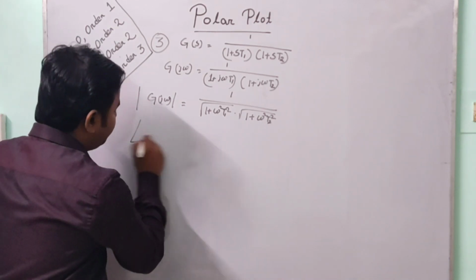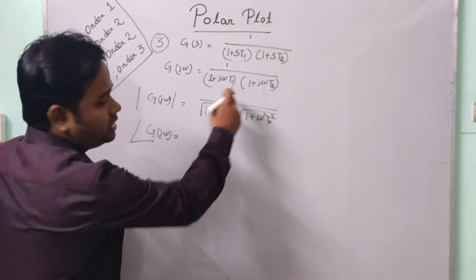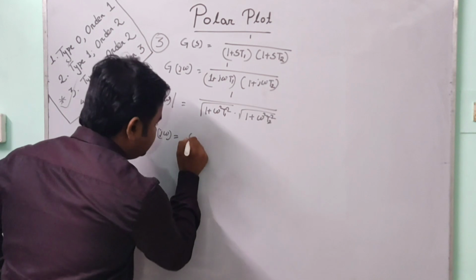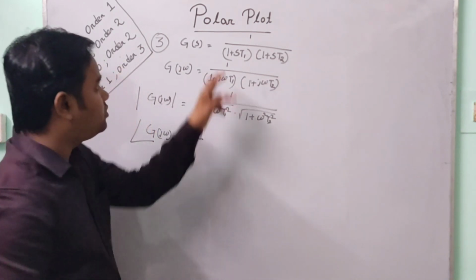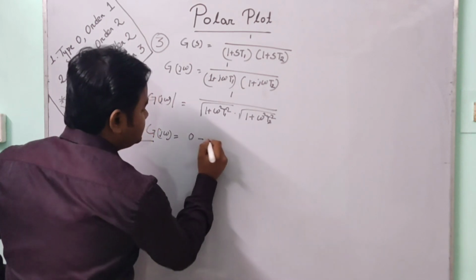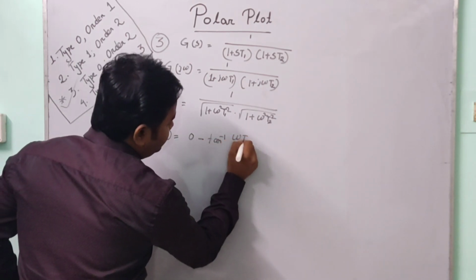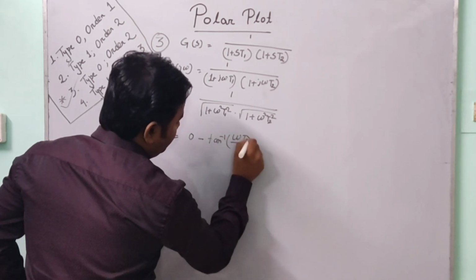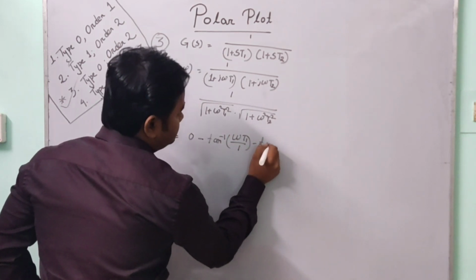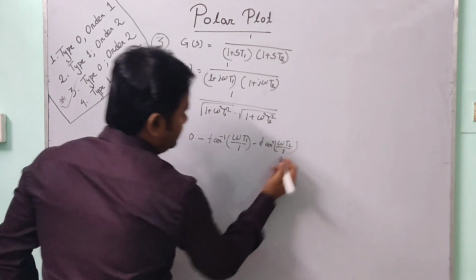Now the angle of G of j omega is equal to, in the numerator only 1 is present, so it is 0 degrees, minus, in the denominator, tan inverse of omega T1 by 1 minus tan inverse of omega T2 by 1.